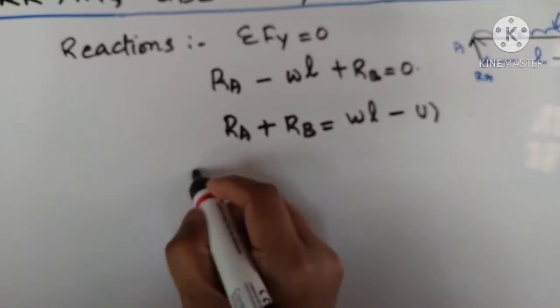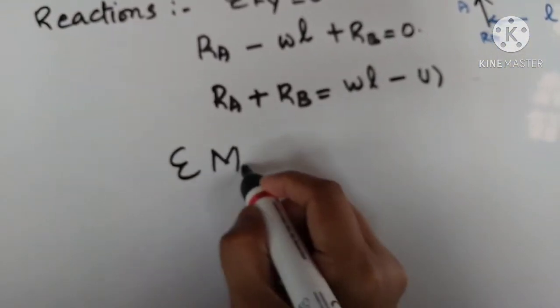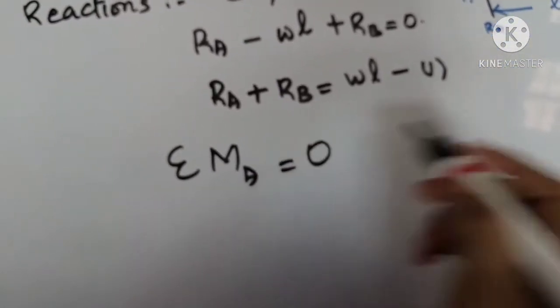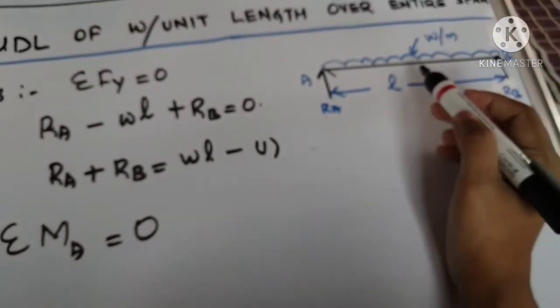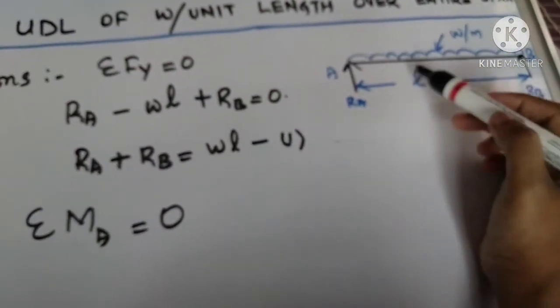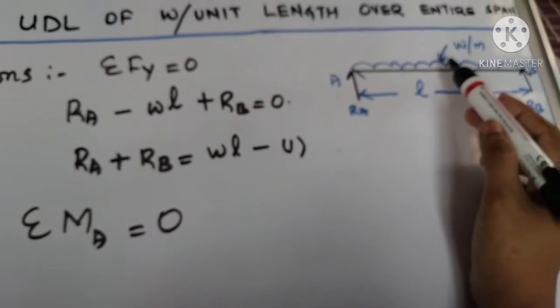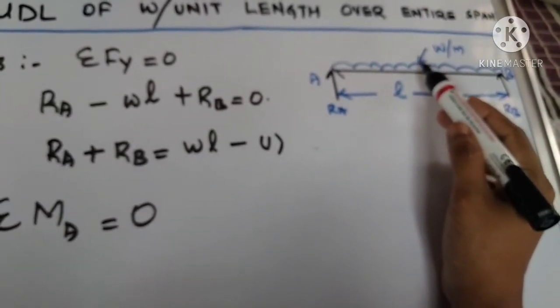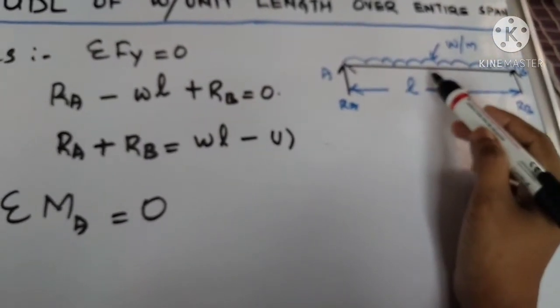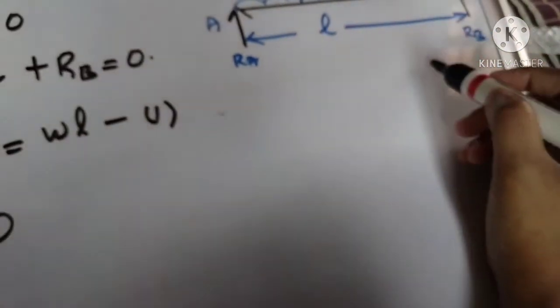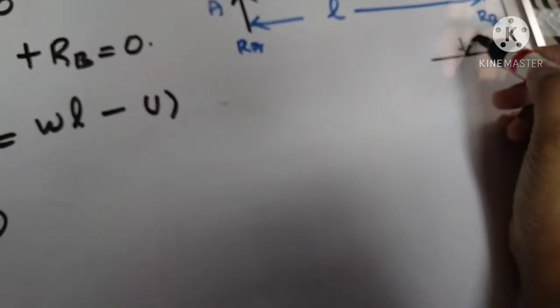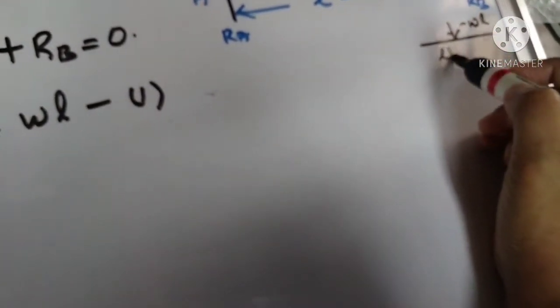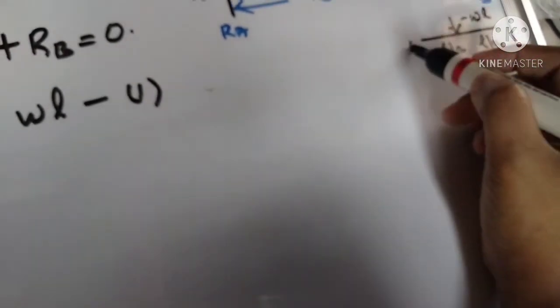Now we'll write sigma moment about A is equal to 0. That is, right side clockwise are negative, anti-clockwise are positive. So it is minus W into L, L is the load, acting at L by 2.